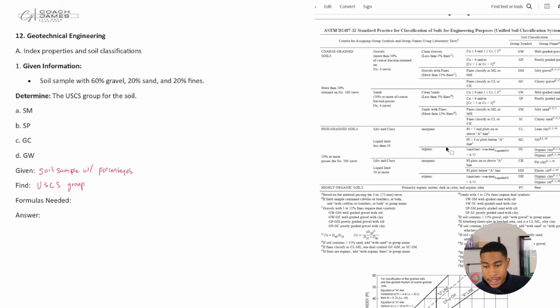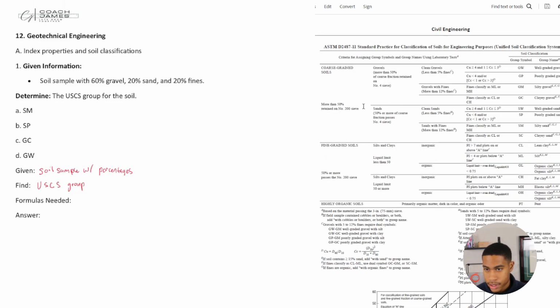So you need to be able to get to this table. Searching for it, you may not be able to just do a search like you just saw. So you need to know where it is in the manual, right? It's going to be in your civil engineering section under geotech. Okay. All right, so now I feel like we're in the right section. All right, so this soil has 60% gravel.